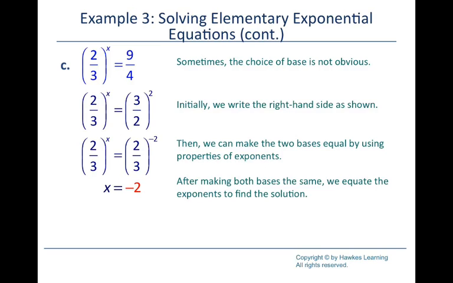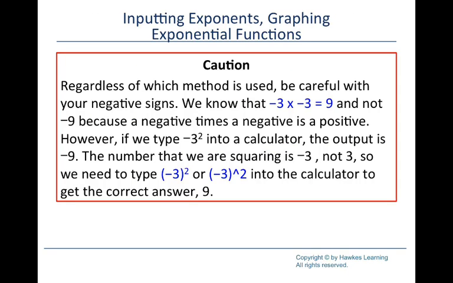And that one's very difficult. It's much harder. So this is a caution. Negative 3 times negative 3 is positive 9. We know that when we do it in our head. We know that negative times negative is a positive. But sometimes when we put it in the calculator, if you type it in like this, it will give you a negative number, because what that calculator is saying is that you're squaring just the 3.